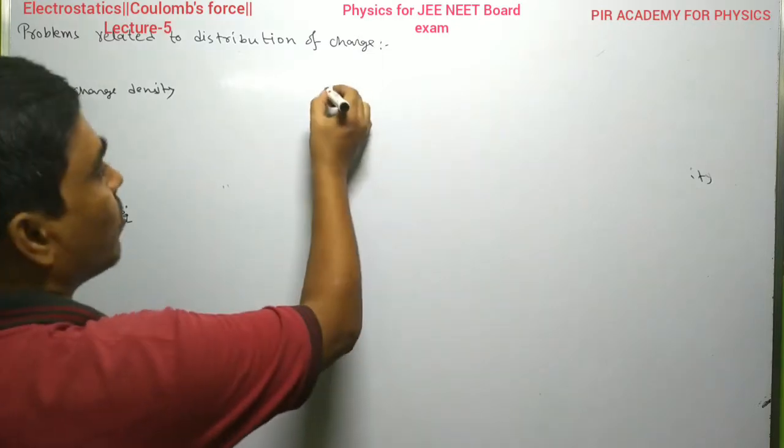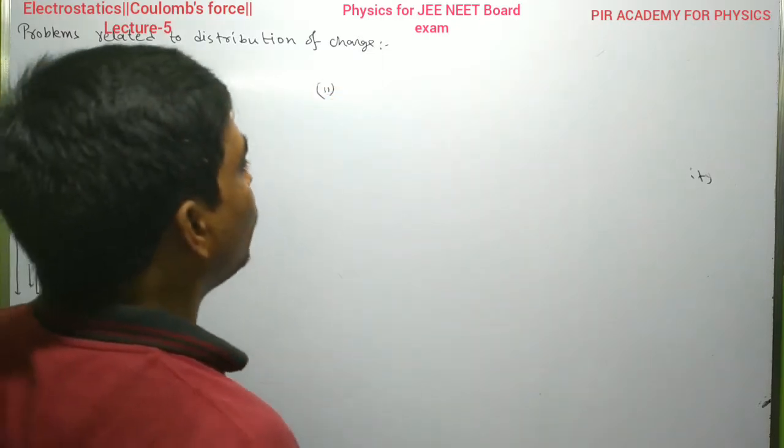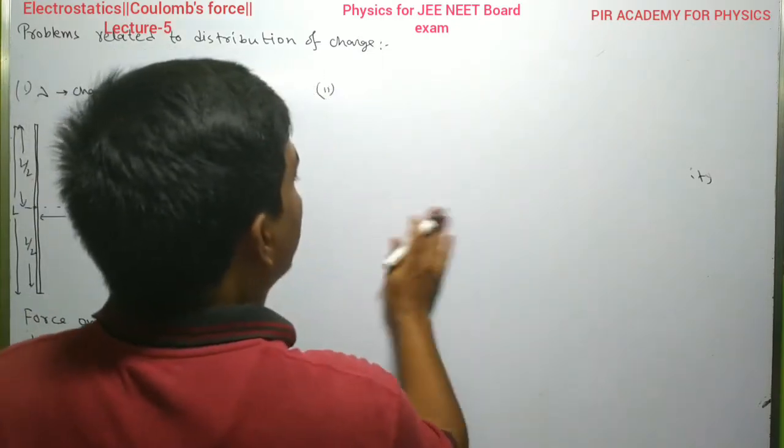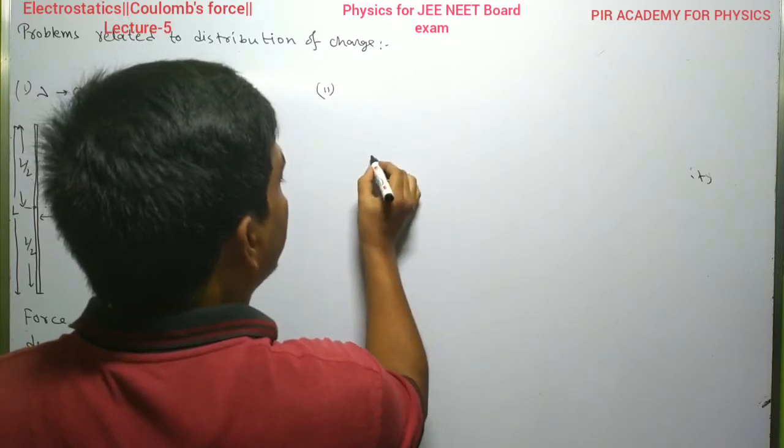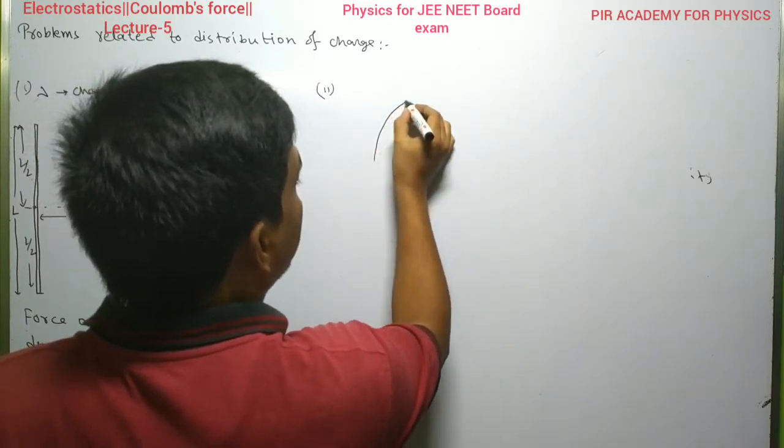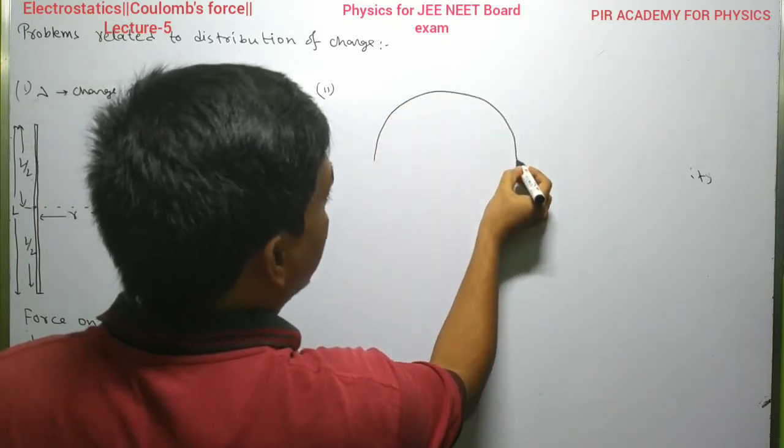Number 2, suppose this is a semicircular loop.